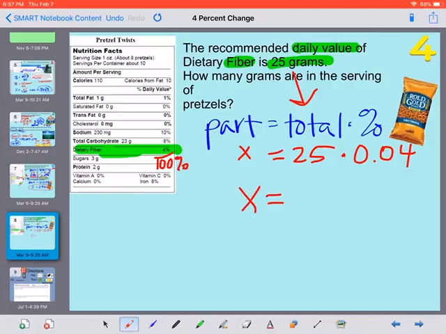So the part that we are getting from the pretzel twist, 25 times 0.04, is 1. Let me just double check that. 25 times 0.04. Yeah, 1 gram.